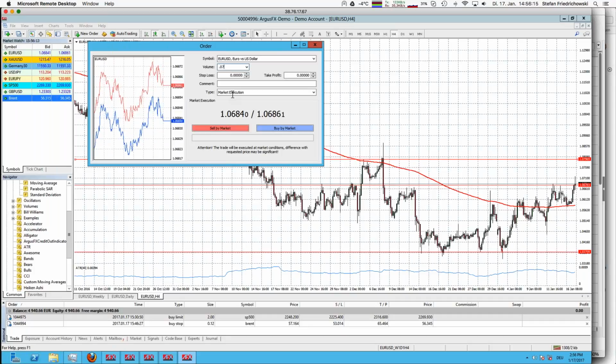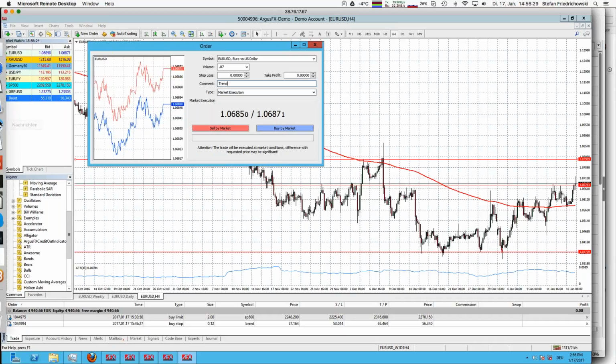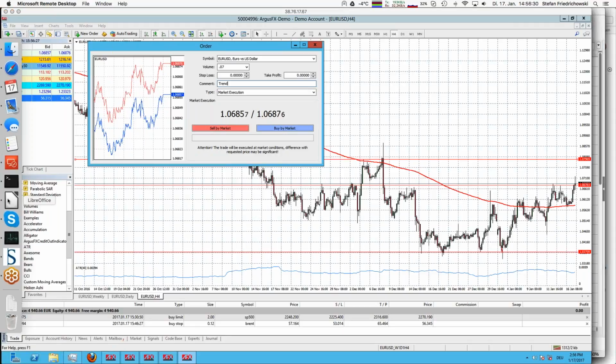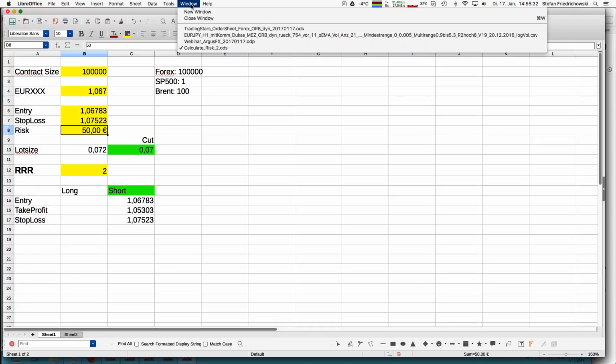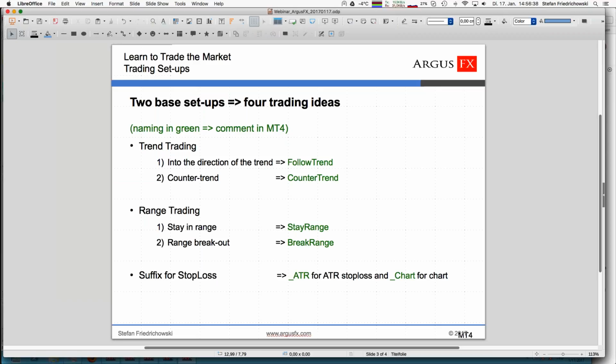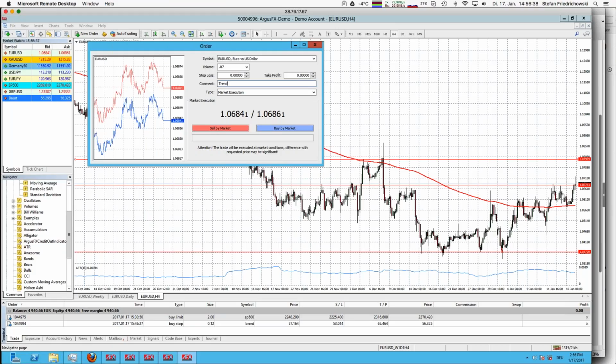We go market, and we will comment that trade, and what we think is that we do a trend trade, and let me recap our wording, and that is follow trend, because we have identified a south trend, a trend going to the south. Follow trend would be the name, and we have set the stop loss via ATR.